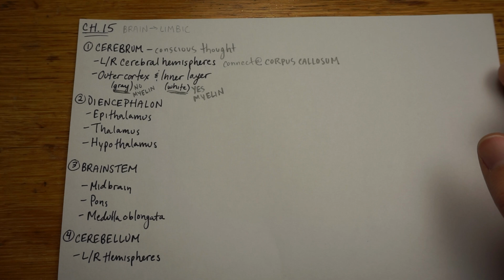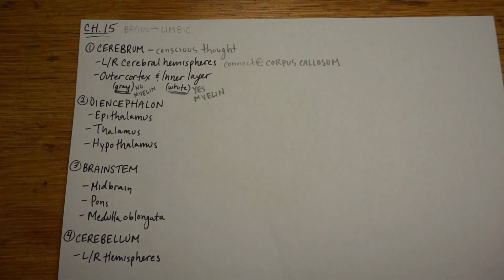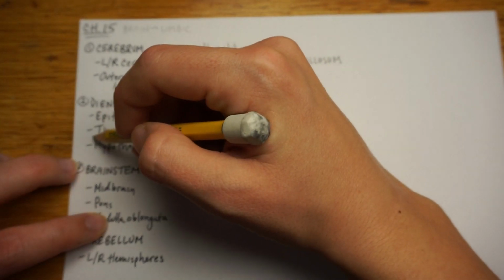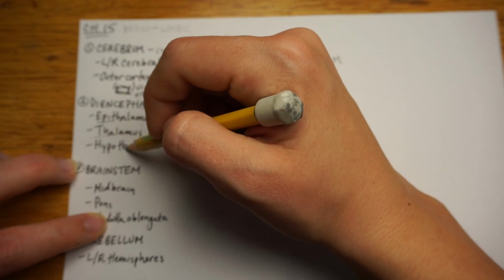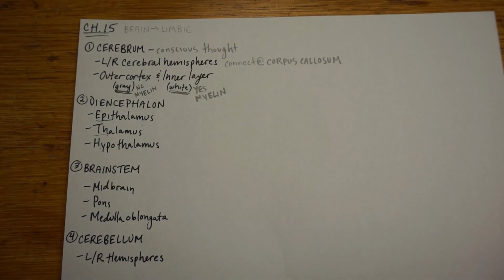Okay, now with the diencephalon, there are 3 parts: the epithalamus, the thalamus, and the hypothalamus. Remember your word roots too: if it's the epithalamus, it's above the thalamus, and if it's the hypothalamus, it's below the thalamus. So that's an easy way to remember it. What does the epithalamus do?